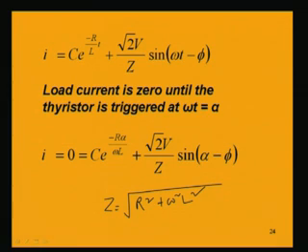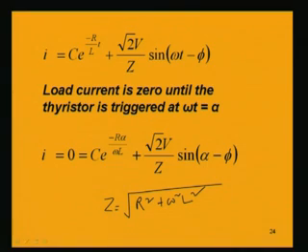Now, we apply the initial condition to find the constant C. Applying the initial condition means the current in the load will be 0 until the thyristor is triggered, and the thyristor is triggered at omega t equal to alpha. So, we use that condition to find C. So, i will be equal to 0 when omega t is equal to alpha.